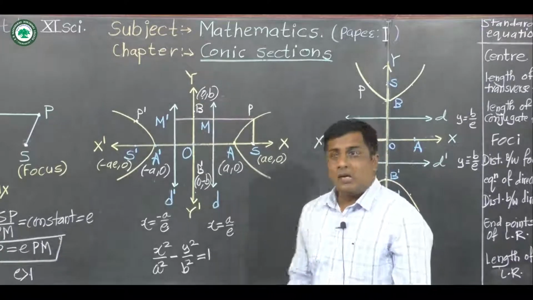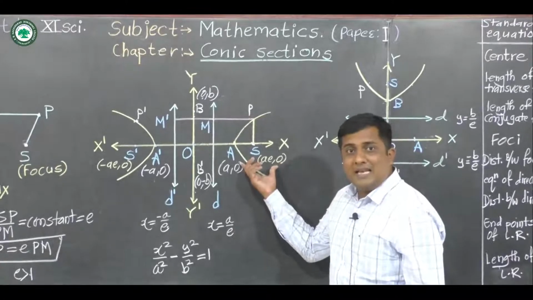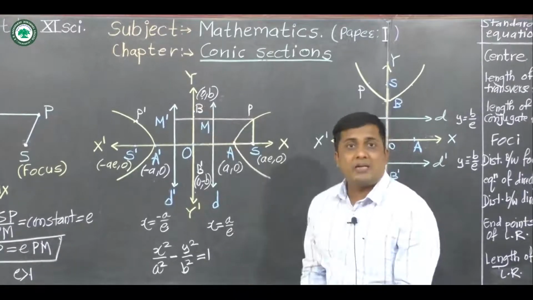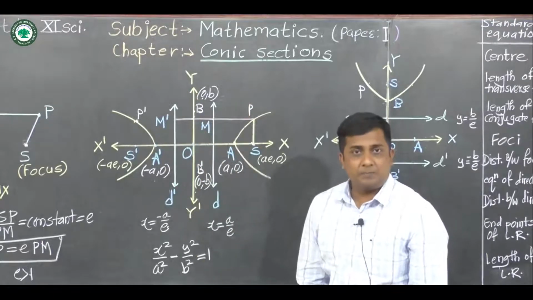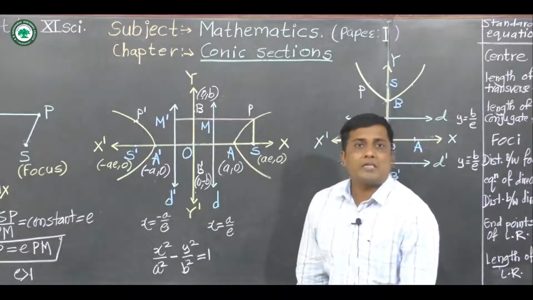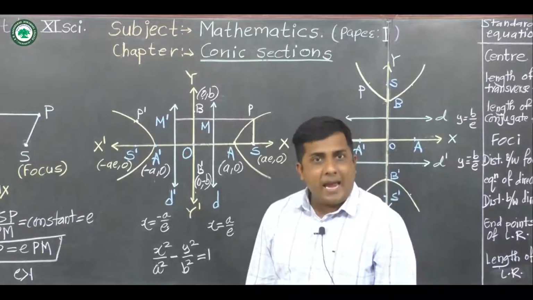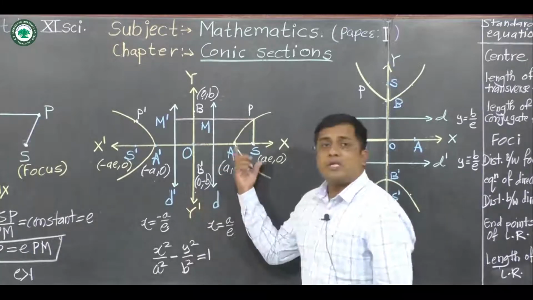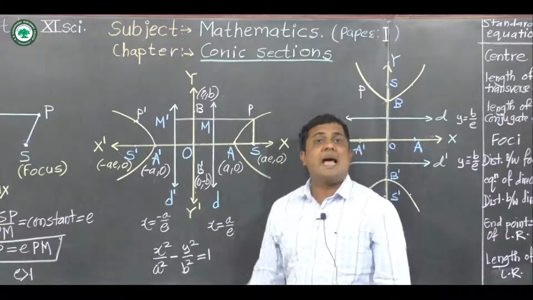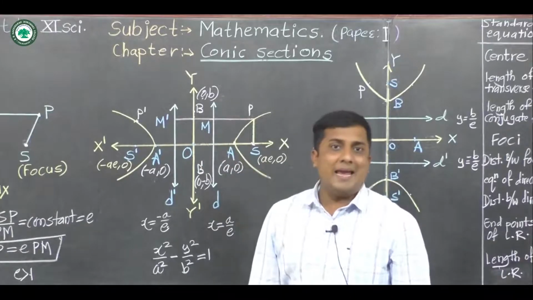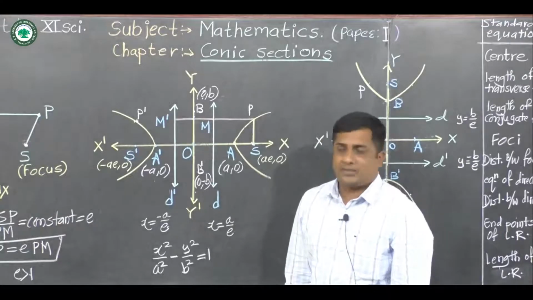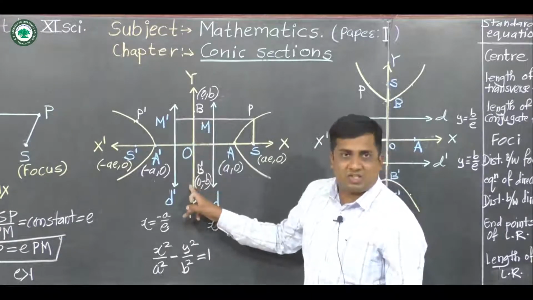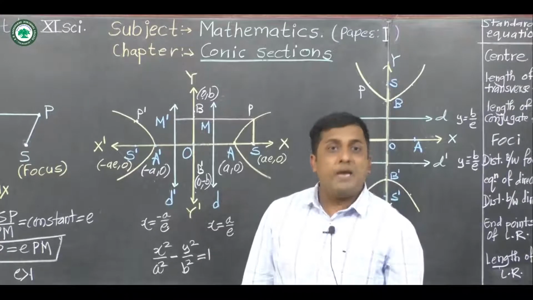The length of the transverse axis, meaning the distance a a dash, is 2a, and the length of the conjugate axis, meaning the distance b b dash, is 2b.